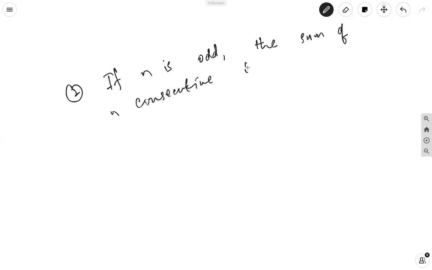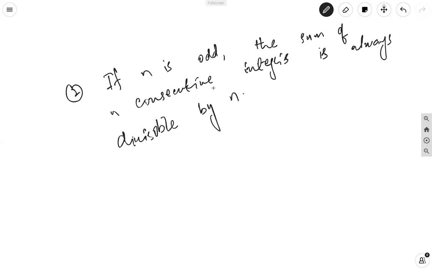The second property is: if n is odd, the sum of n consecutive integers is always divisible by n. I will repeat: if n is odd, the sum of n consecutive integers is always divisible by n.